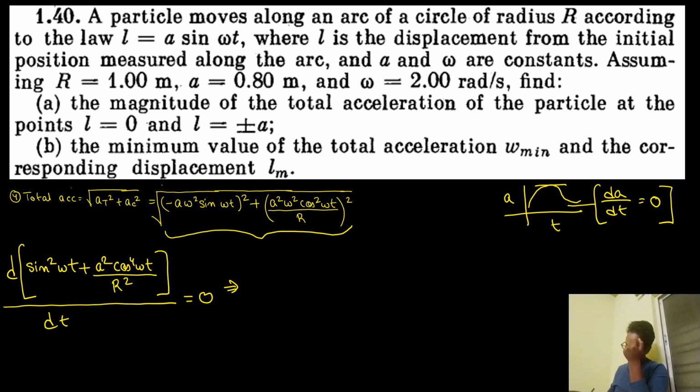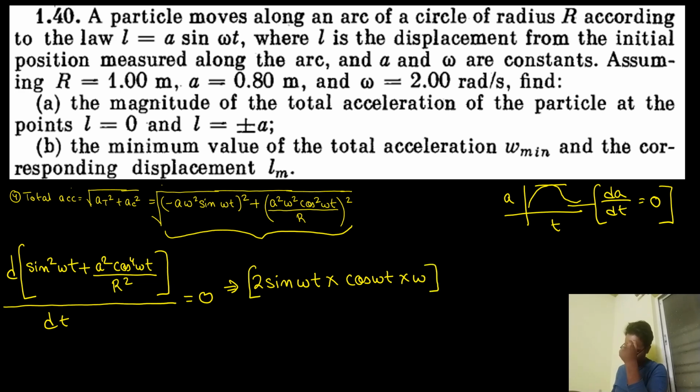Even I forgot elementary differentiation. Differentiating sine square omega t is nothing but 2 sine omega t into cos omega t into omega.